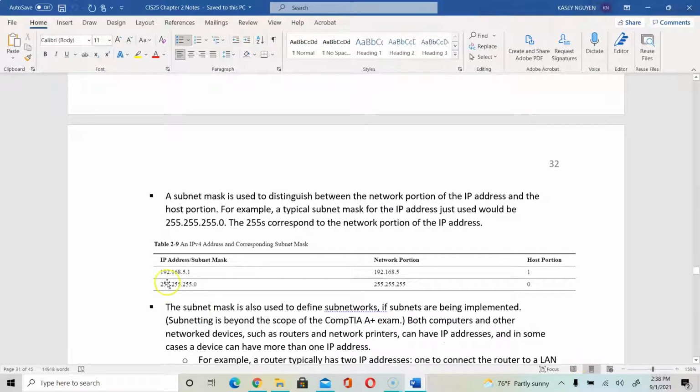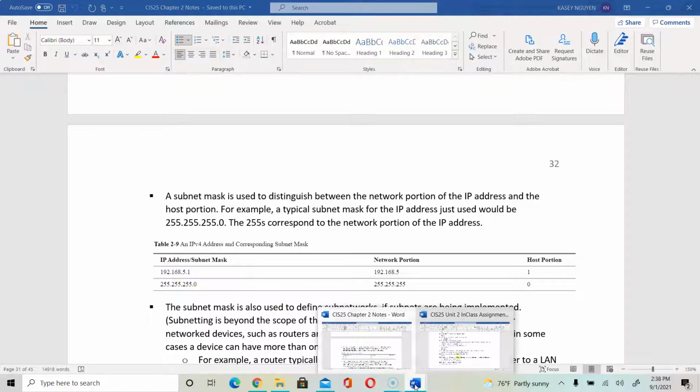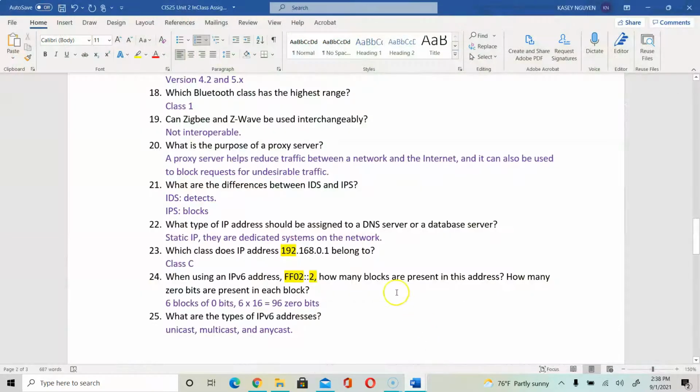So for us, when we're using 192.168.5.1, the first part of the address is the host and or the network address. That would be your classification of the class. So with the higher number, the 192, that will be a class C address. In the class C address group, you would have fewer addresses but more networks. It's designed for smaller networks.